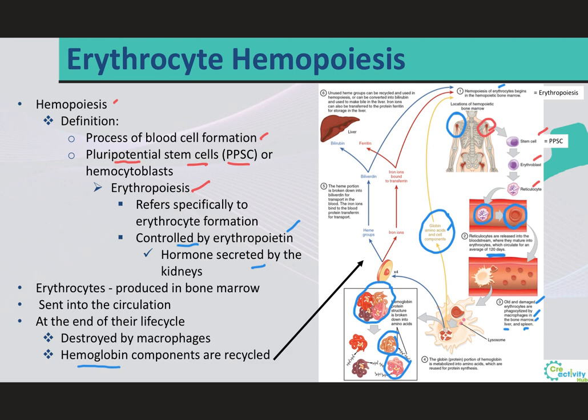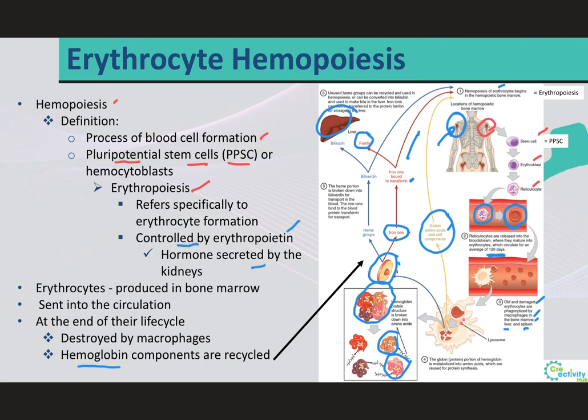Next, we have the iron that is contained within the heme portion of the hemoglobin, and this may be stored in the liver or the spleen, primarily in the form of ferritin, or it can also be carried through the bloodstream by transferrin to the red bone marrow for recycling into the new erythrocytes.